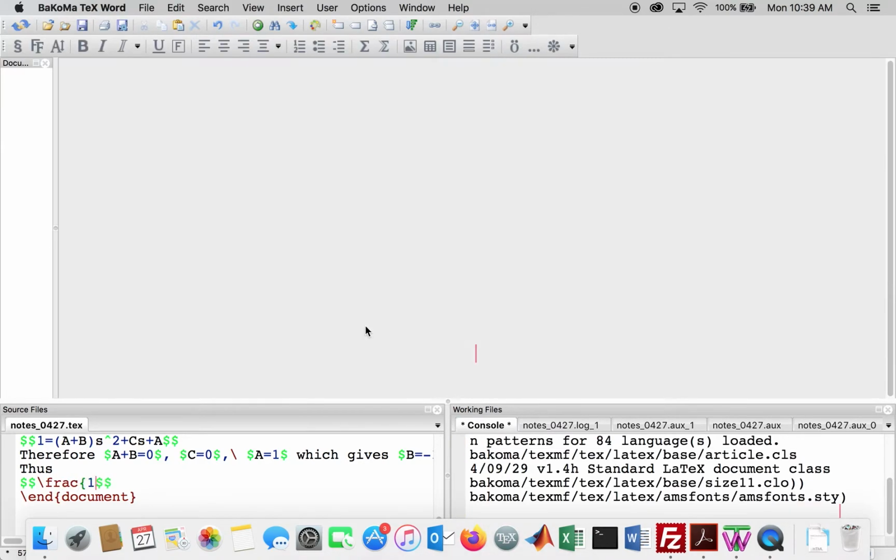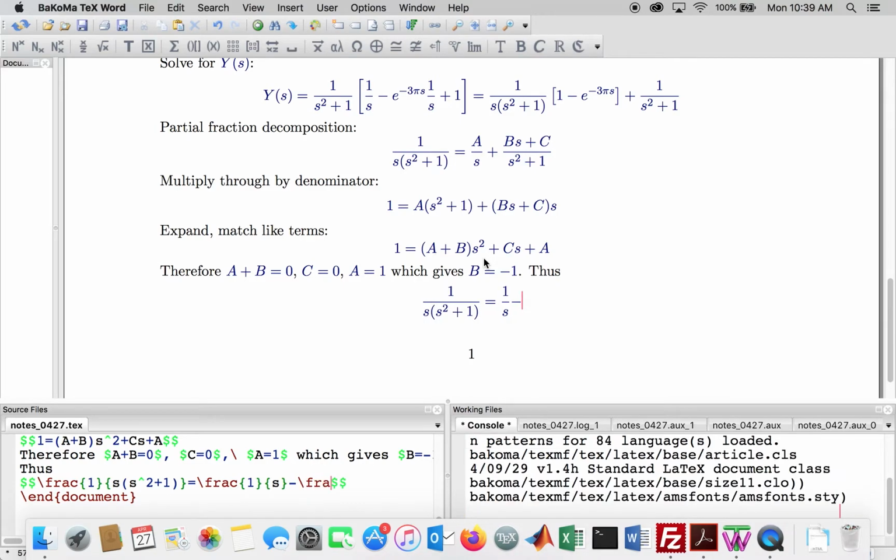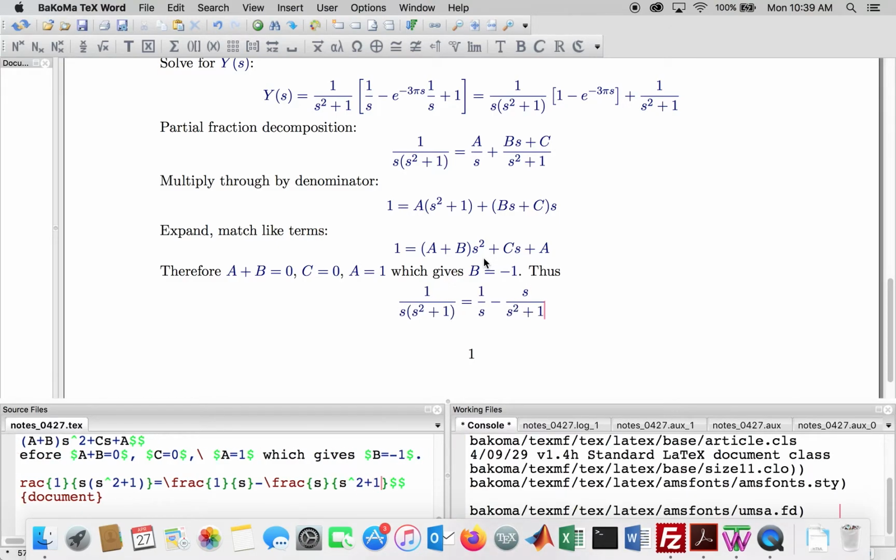Okay, so 1 over s times s squared plus 1 is equal to a over s, so that's 1 over s, minus s over s squared plus 1. So filling in a, b, and c up here gives me this.